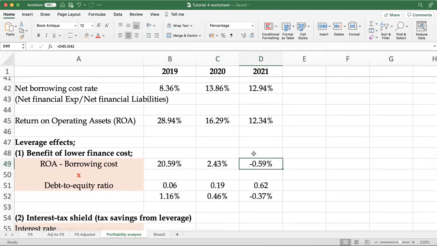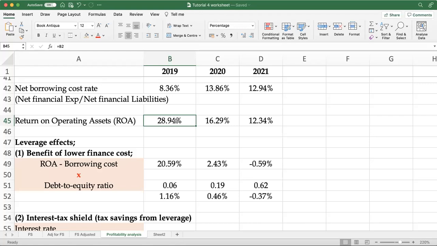Now, if you see 2019 and 2020, your borrowing rate is lower than ROA.